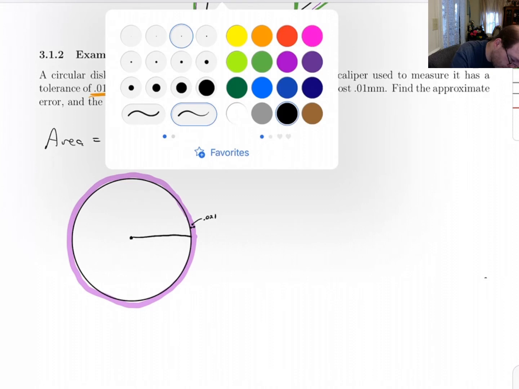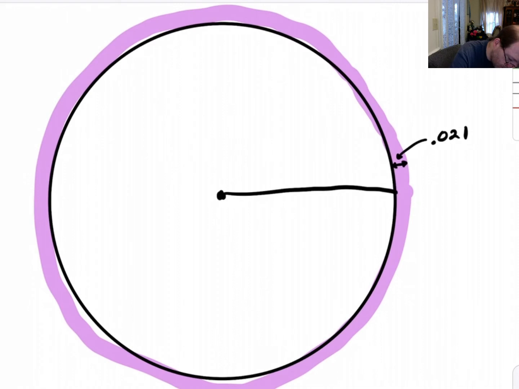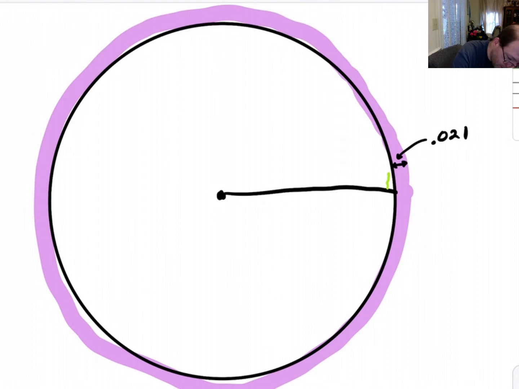And I'm going to do the same thing on the inside. Wait, that's the wrong tool. I want this. On the inside, maybe the error is here.